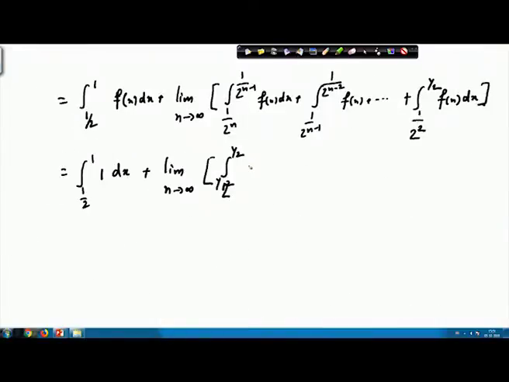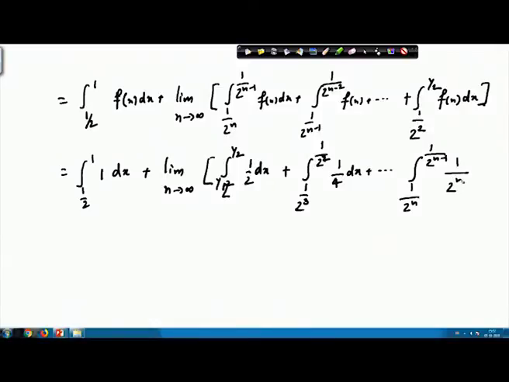So let us write half here, dx, plus from 1 by 2 to the power 3 to 1 by 2 to the power 2 the value of the function is 1 by 4, dx, plus it will continue, 1 by 2 to the power n to 1 by 2 to the power n minus 1. This will be 1 by 2 to the power n minus 1 dx.